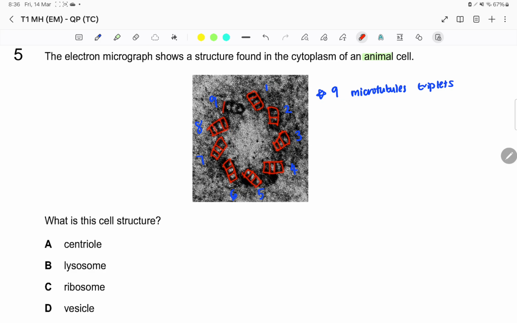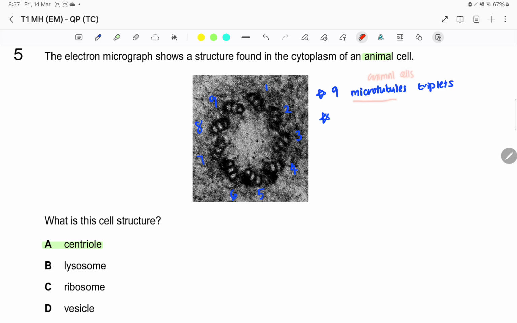So this is how a centriole would look. Remember that a centriole is only present in an animal cell. You will not find it in the plant cell, because it contains microtubules, which also means that microtubules are only found in animal cells.